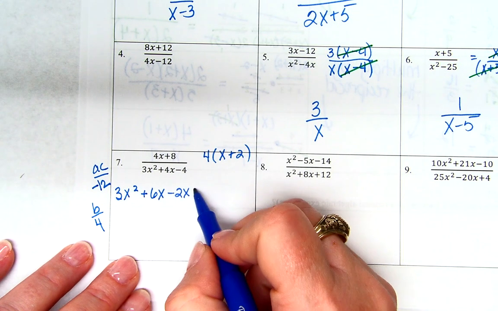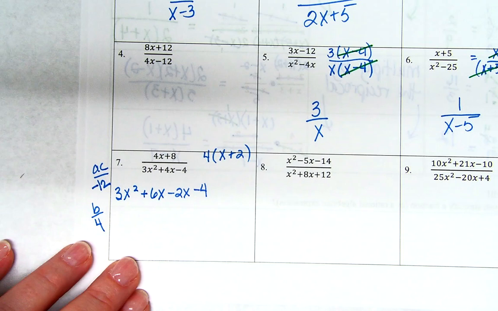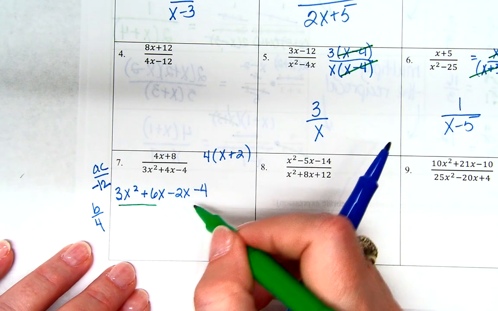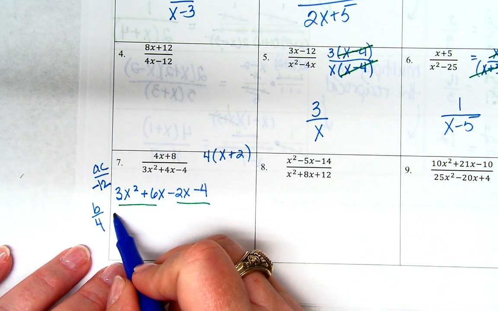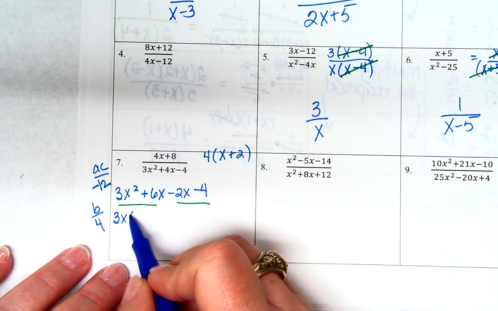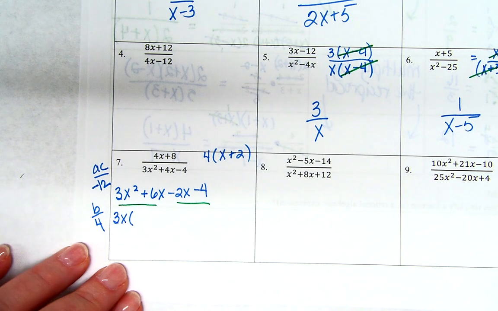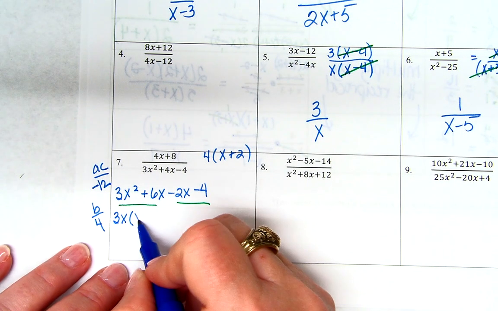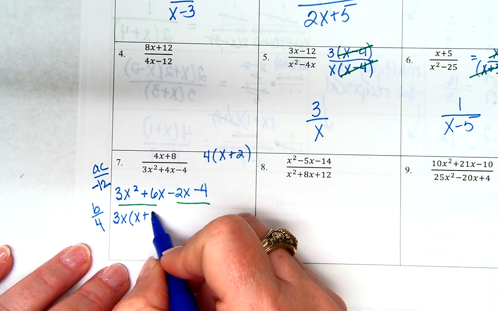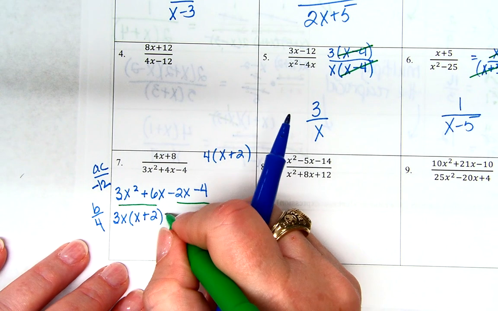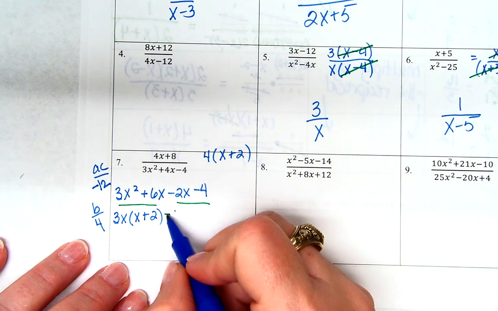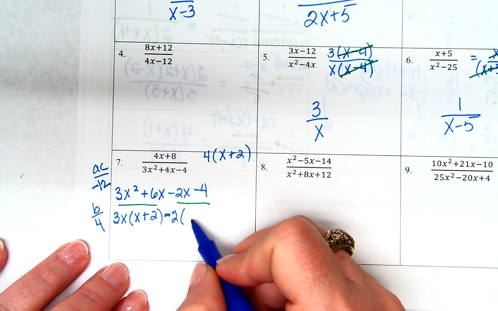Negative 2 and 6. Now I factor by grouping, right? First 2 and last 2. What's common in the first 2? So what's left if I factor out a 3x? X plus 2, good. What's common in the last 2? Negative 2, right? We have to have what left in the parentheses?